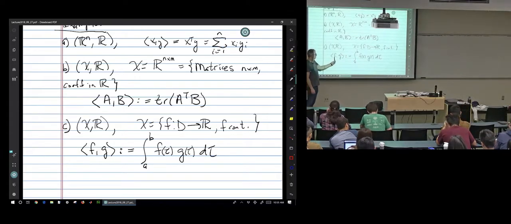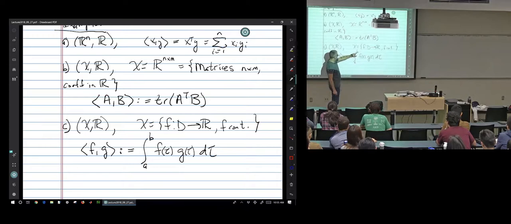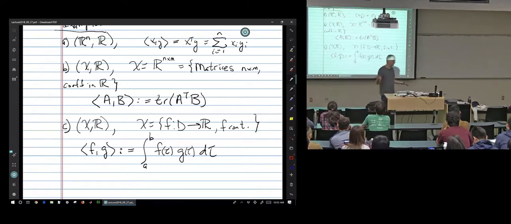Okay, so now I know what it means for two functions to be orthogonal. You know, I take this to be minus pi and this to be pi, f to be sine and g to be cosine. They're orthogonal, okay? So I know what it means for two functions to be orthogonal.